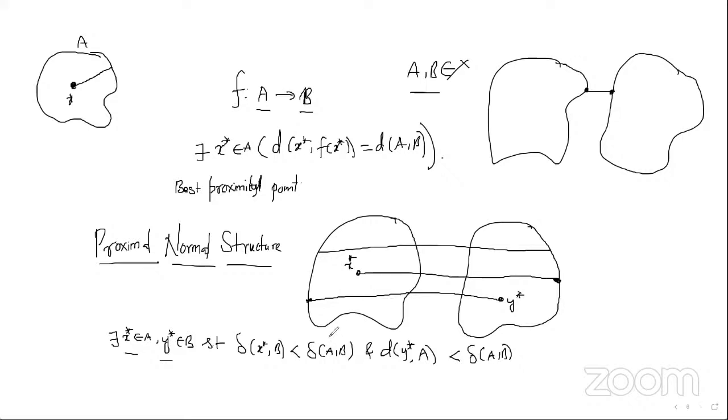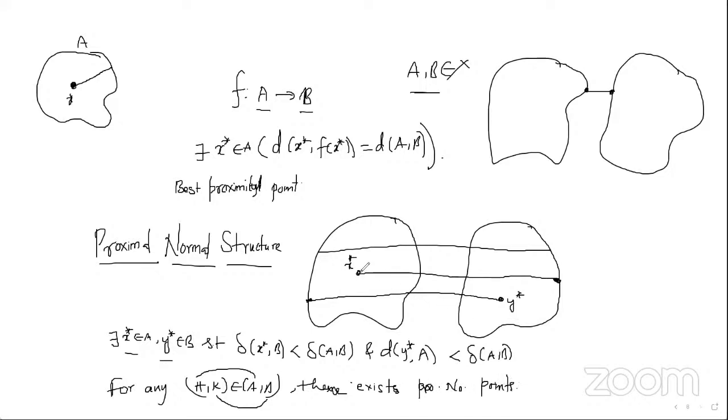That means for any subpair HK of AB, where H is a subset of A and K is a subset of B, there exist proximal non-diametral points.